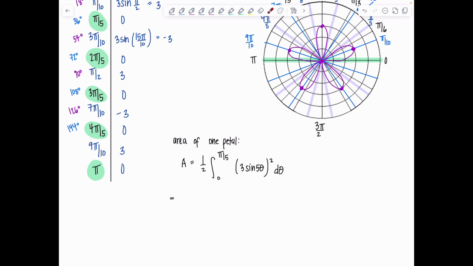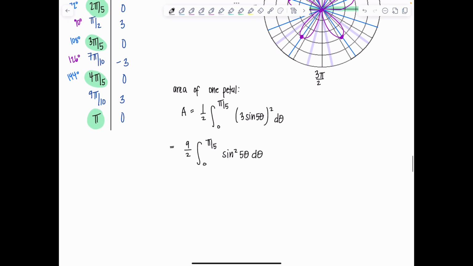This is going to be 9, and let me take that 9 outside. So 9/2 integral 0 to pi over 5 of sine squared 5 theta d theta. To integrate sine squared, we use again the half angle identity. So 9/2 times 1/2, 0 to pi over 5, 1 minus cosine 10 theta d theta.